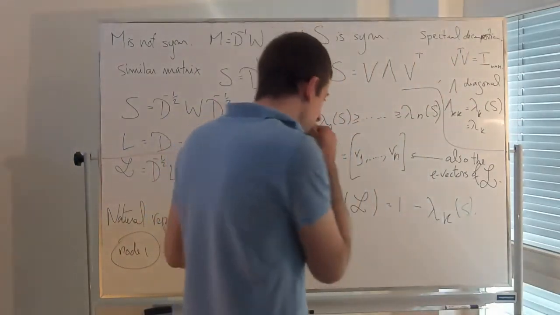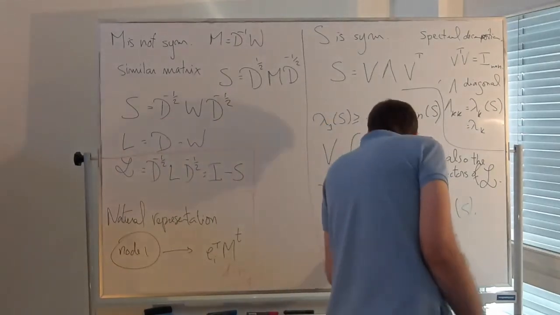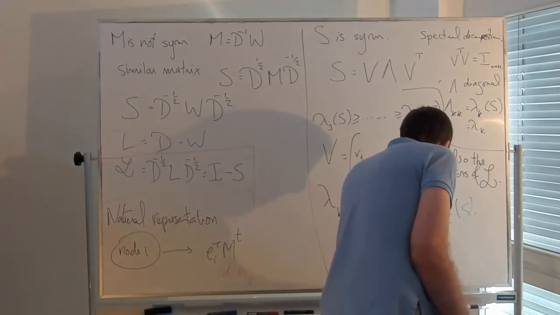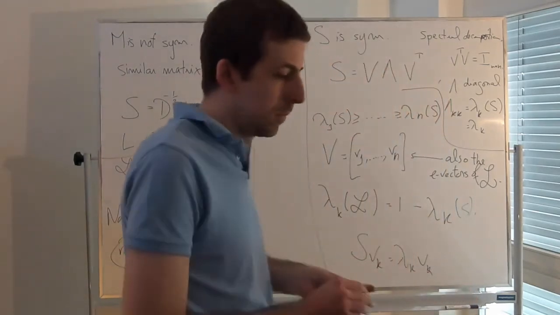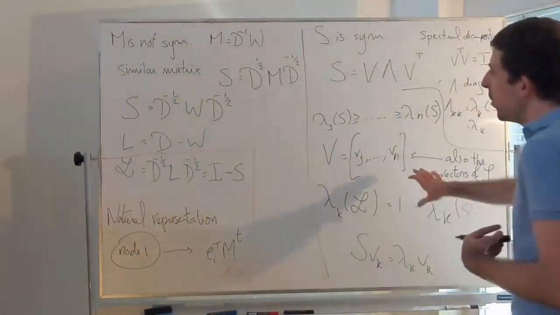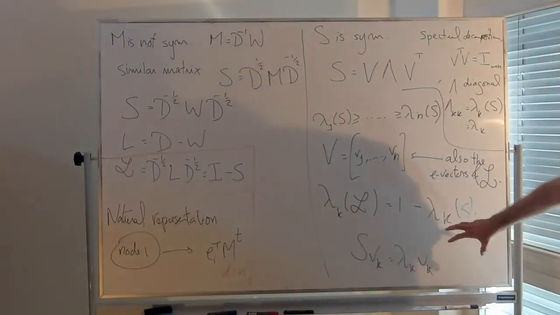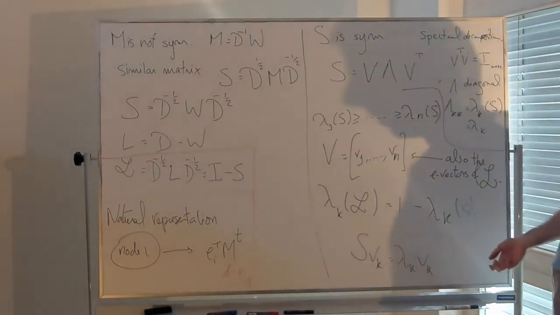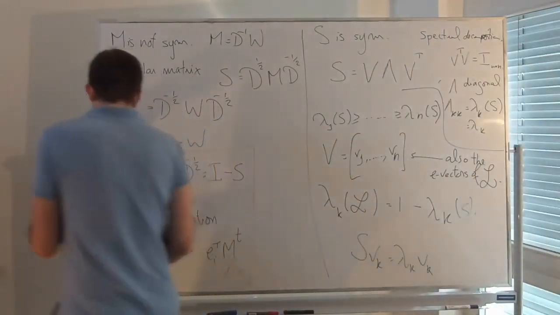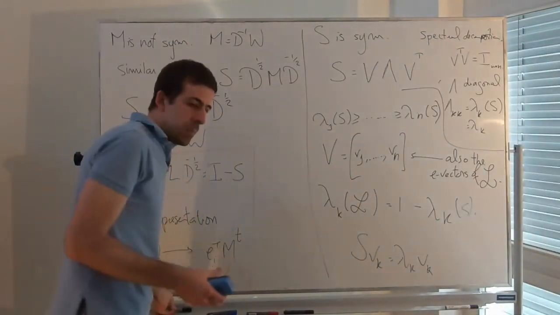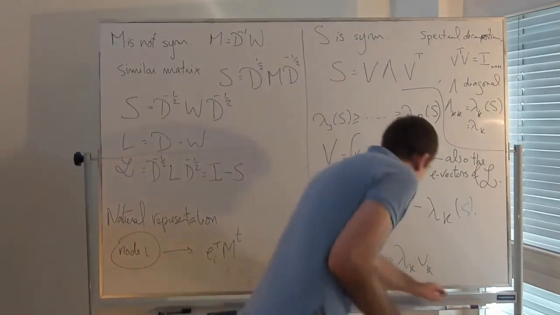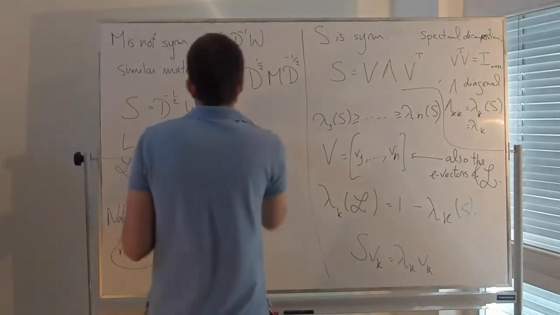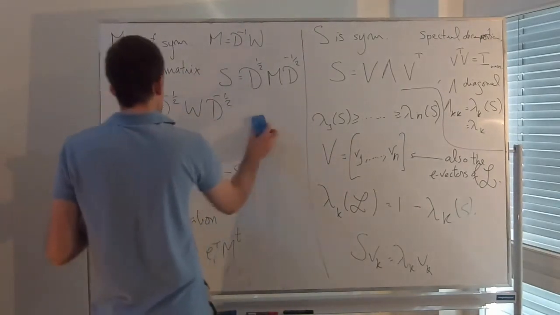Of course, by definition, we have S Vk equal to lambda k Vk. Now we can use this decomposition to come up with a decomposition of M. So let's save the things that we need.